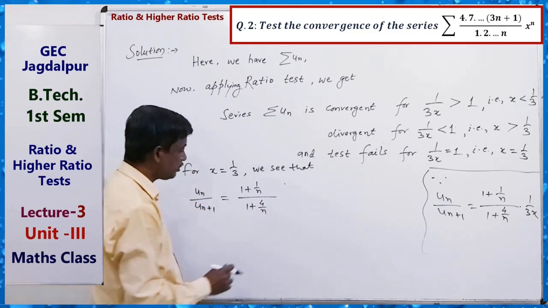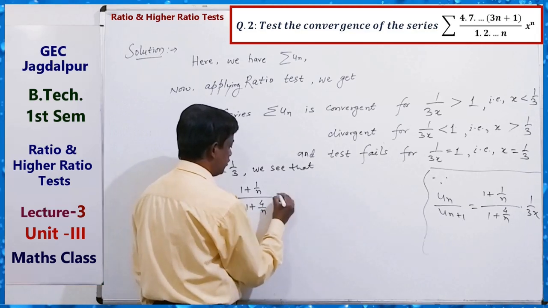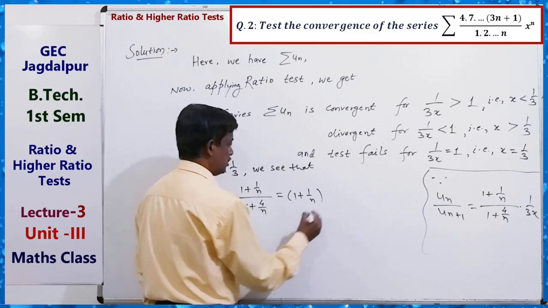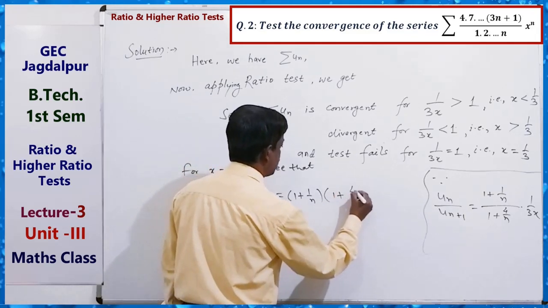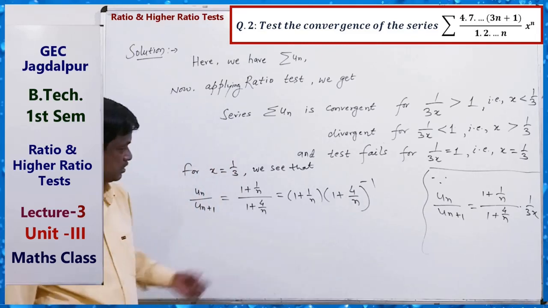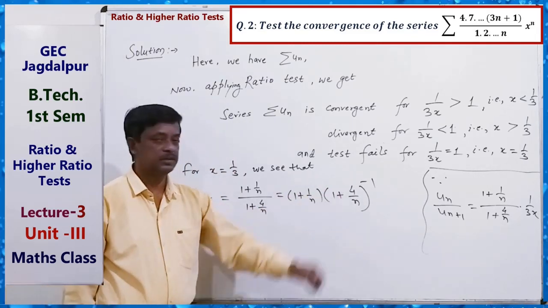This can be written as (1 + 1/n) in the numerator times (1 + 4/n) inverse.